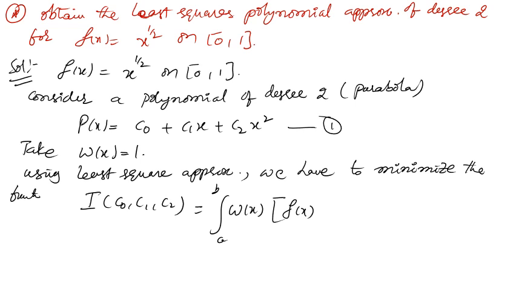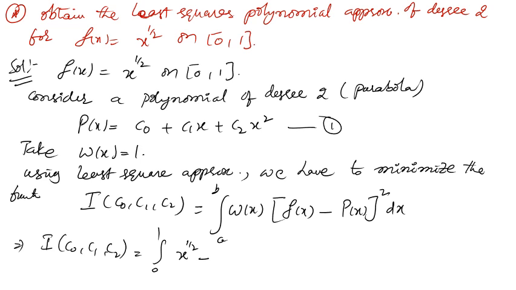What is the error? The original function minus the approximate function, whole square dx. This implies I of c0, c1, c2 is equal to the integral over 0 to 1, weight function 1, of f of x, which is x to the power of 1 by 2, minus c0 minus c1 x minus c2 x square, whole square dx. I have to minimize this.